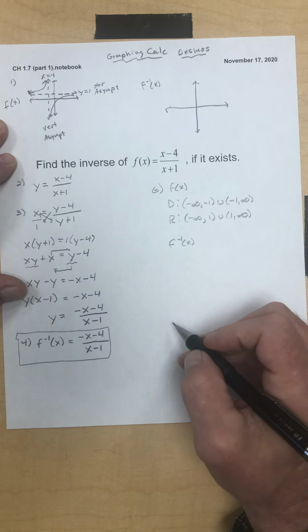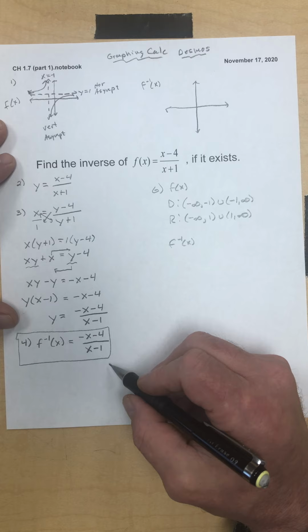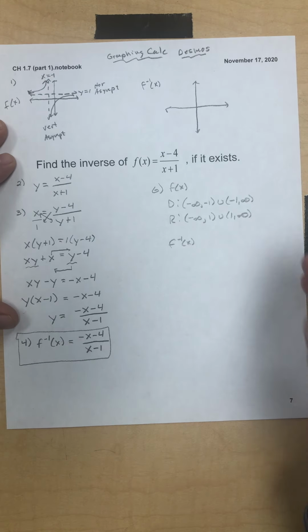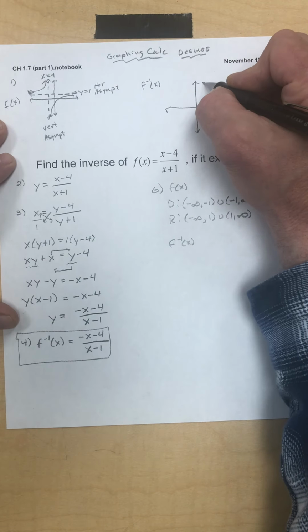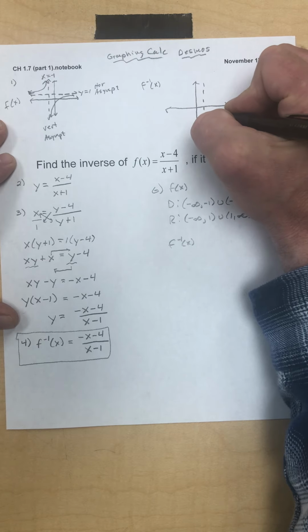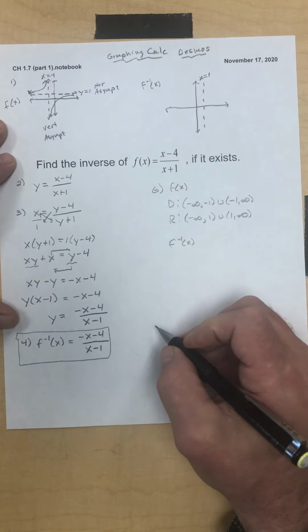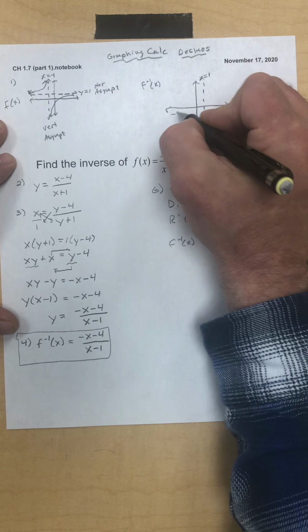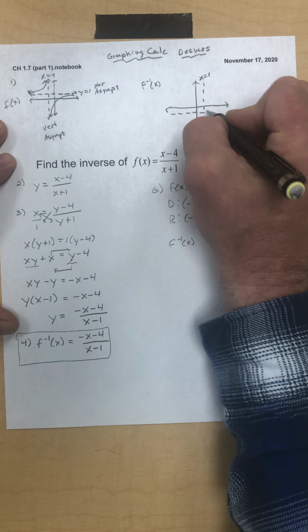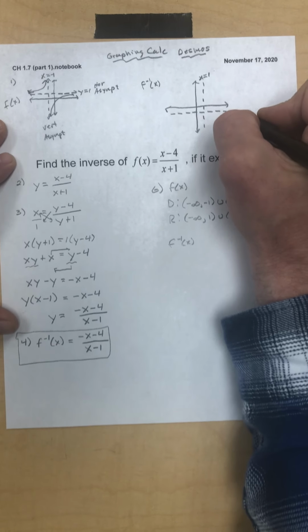Now I know, for instance, that I'm going to have a vertical asymptote at x equals 1. And I'm going to have a horizontal asymptote at y equals negative 1.